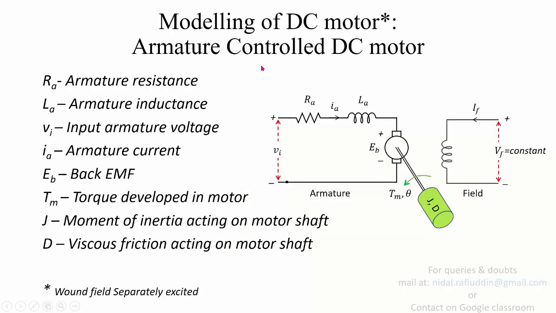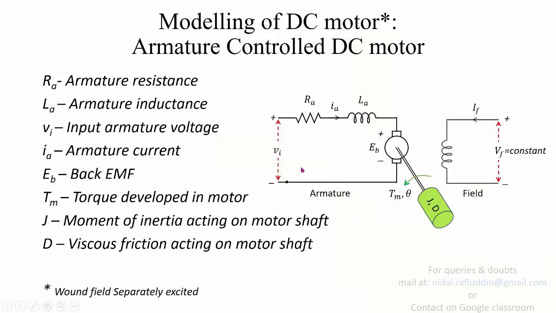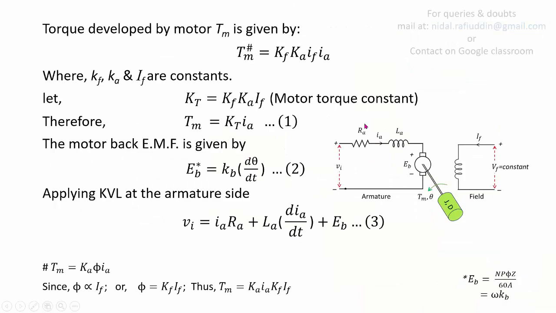Now, for an armature controlled DC motor, we performed analysis on the armature side, applying KVL there, since the field side was constant. We didn't apply any analysis on the field side, considering that the flux was constant. We took the flux as constant, and that is why no analysis was done on the field side, while the armature side voltage was variable.